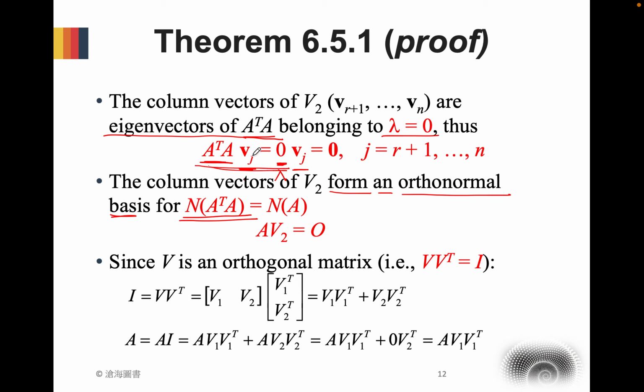We can see that vj are actually in the null space of A transpose A. And actually, these n minus r eigenvectors form a basis for the null space of A transpose A. And we can further say they form an orthonormal basis for the null space of A transpose A.